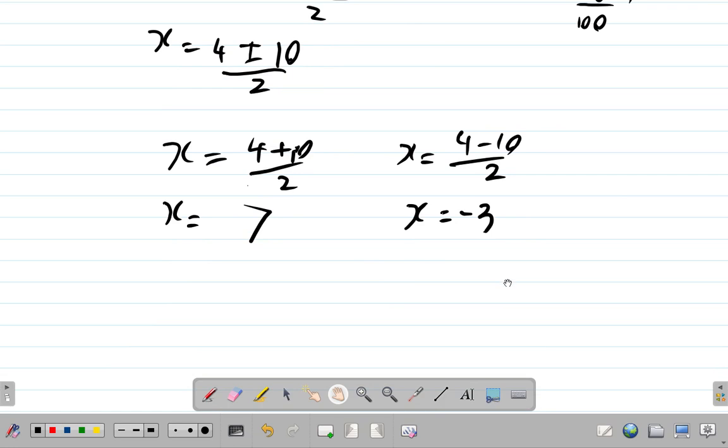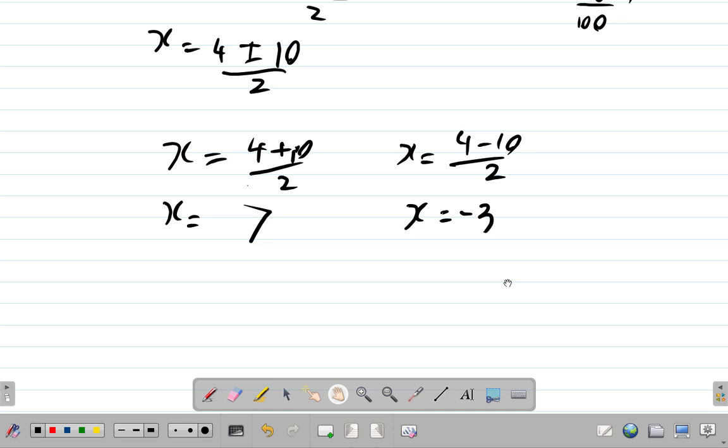Now, Ali cannot be negative 3 years old. If you say Ali is negative 3, you'd have to go back to the time when Ali was just born and then go back 3 years earlier. You'd have to travel far backward in time. You can't do that.